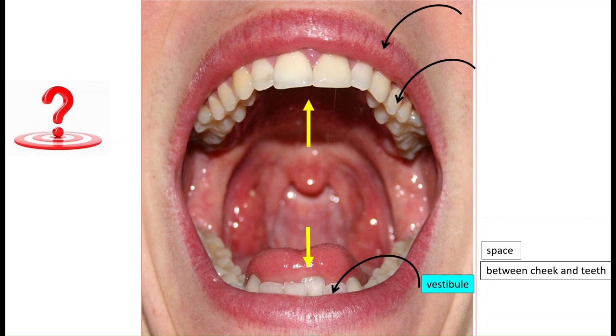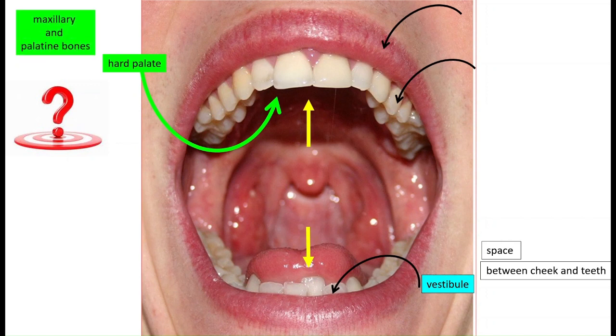Then the roof of the proper mouth cavity is made by the palate. The palate has two parts. The anterior is the hard palate, made by the maxilla and the palatine bones, and the lateral wall of the oral cavity is made by the cheek, one on the right and one on the left.